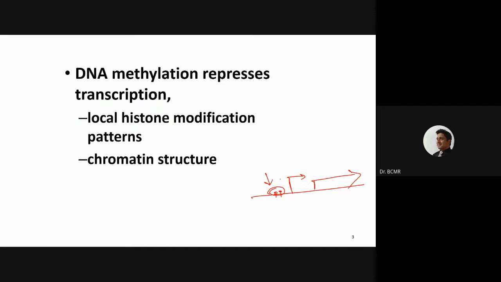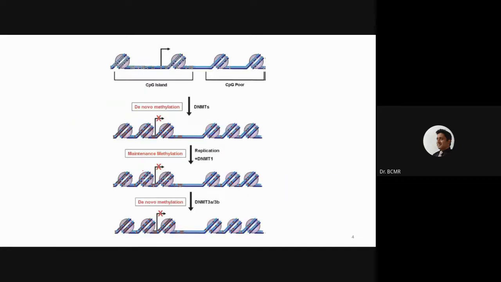That is the key way DNA methylation influences gene expression. Not only that, we also discussed how DNA methylation patterns can change histone modification patterns and eventually chromatin structure. I hope you remember this picture, which is familiar to you.